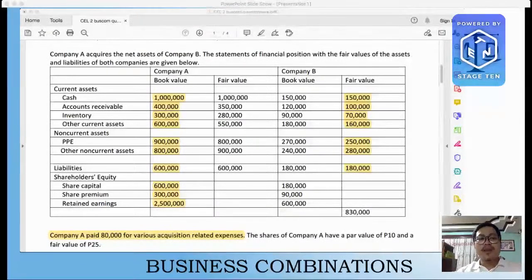So the reminder now is that you should add the resulting goodwill. But of course, if the transaction did not result in a goodwill, if the transaction resulted in a gain on acquisition, then even if you forget the important reminder for combined total assets, you would still get the correct answer.